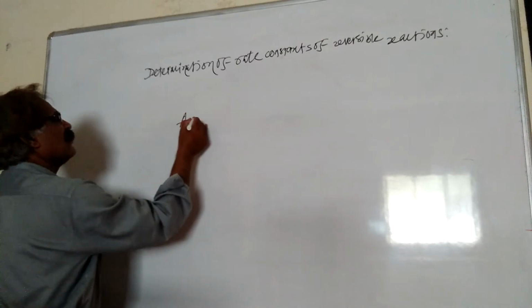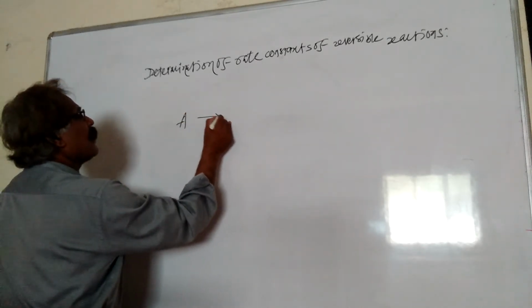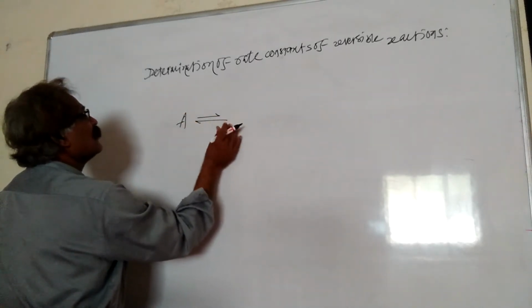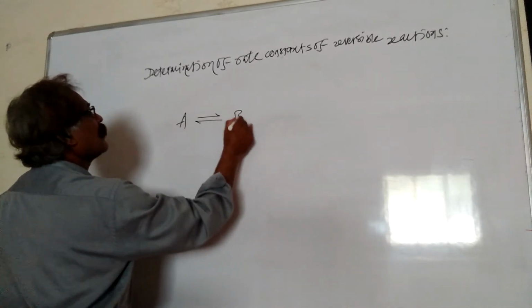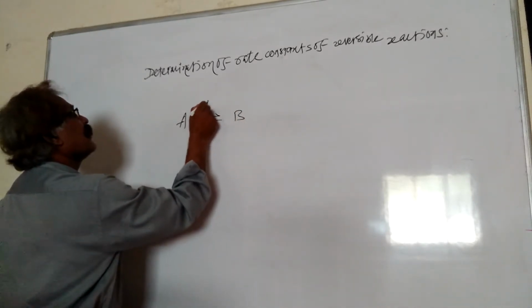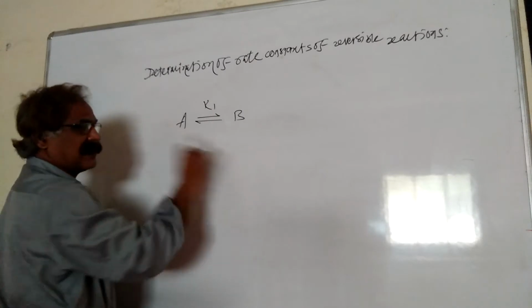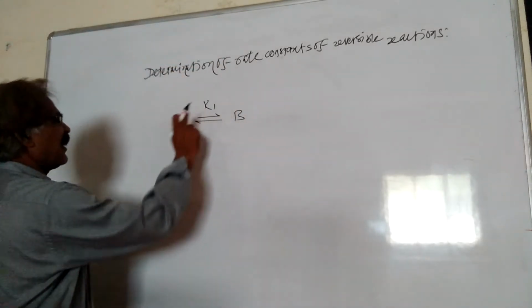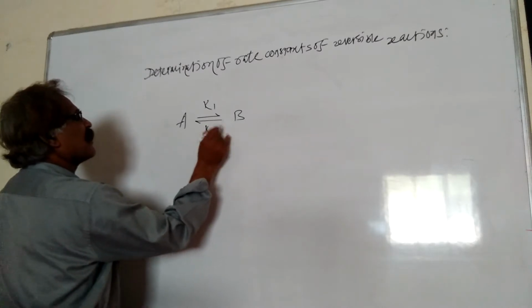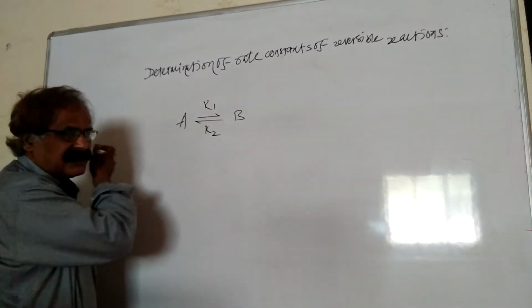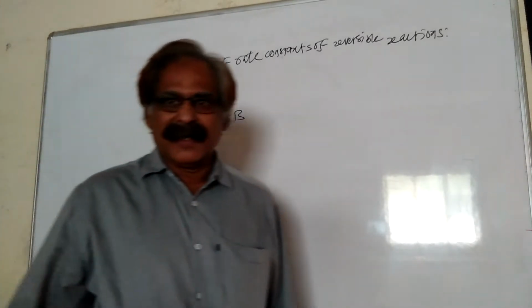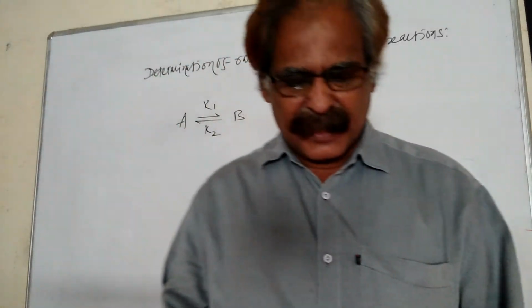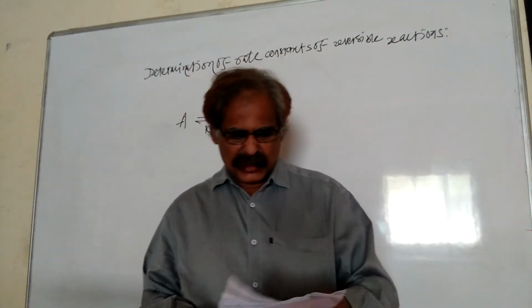So let us have that simple hypothetical reversible reaction in which the rate constant of forward reaction is K1 and the rate constant of reverse reaction or backward reaction is K2.